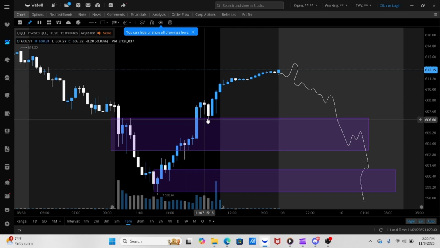So there's really no reason for it to come back down into here other than possibly touching this order block here. Maybe. But let me go back to TradingView, clear this stuff out.